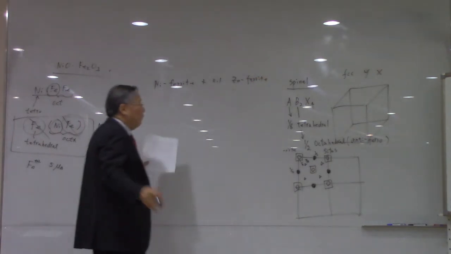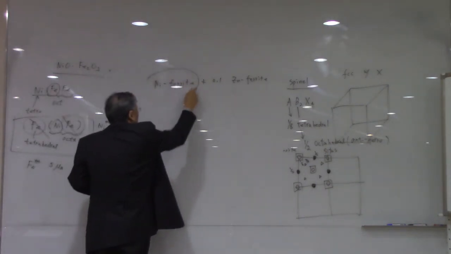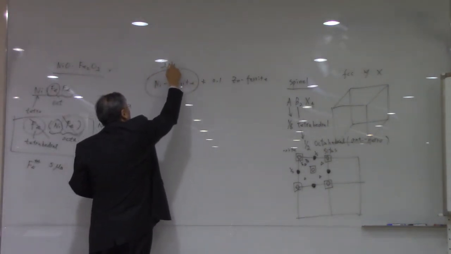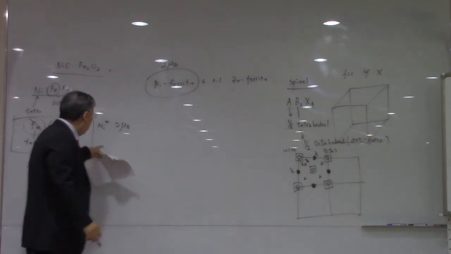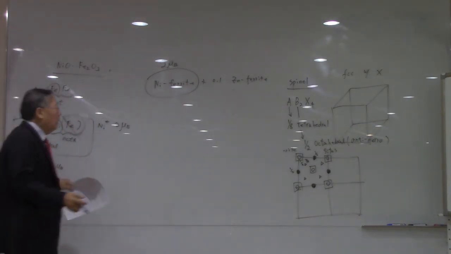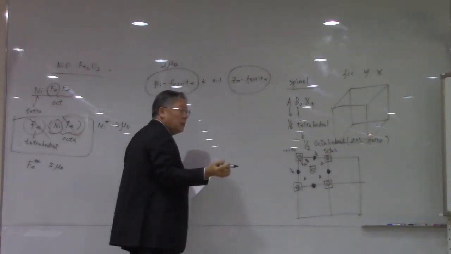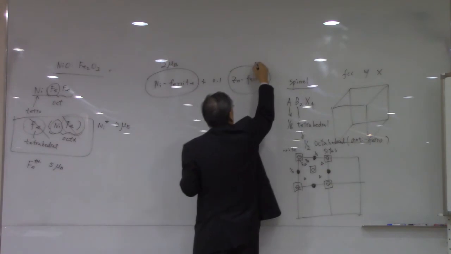What happens if we make a mixed ferrite, something like this? We know nickel ferrite has two Bohr magnetons from this calculation. It shows the inverted spinel. And zinc ferrite is a normal spinel structure, so the magnetic moment is 0.